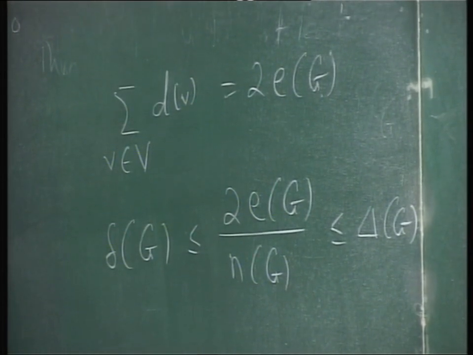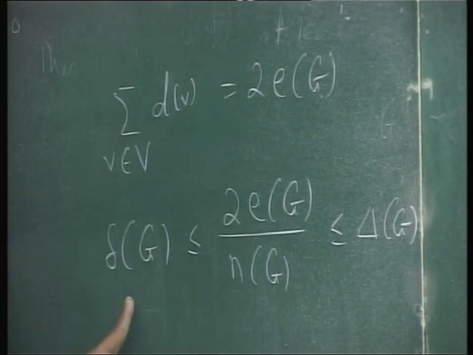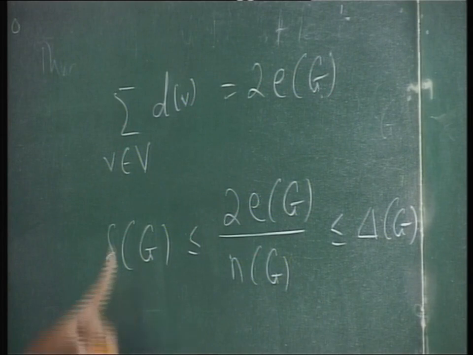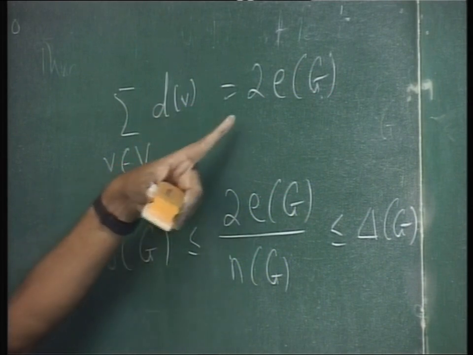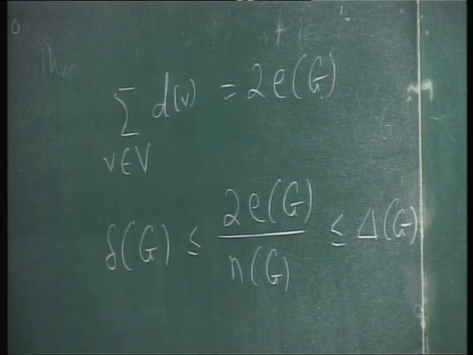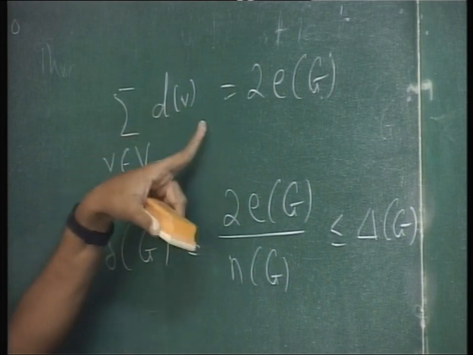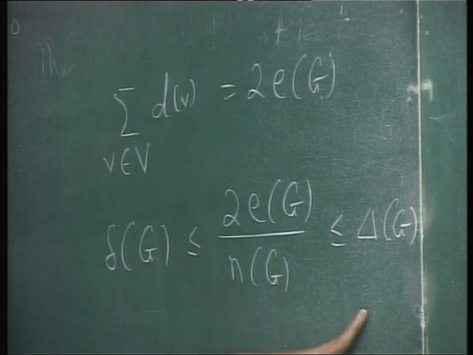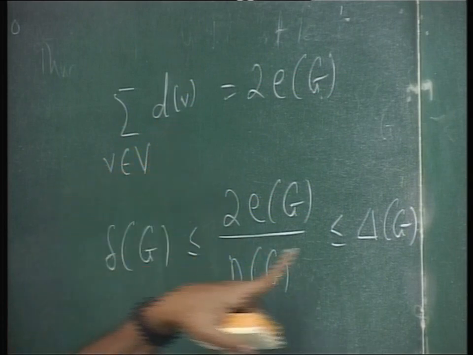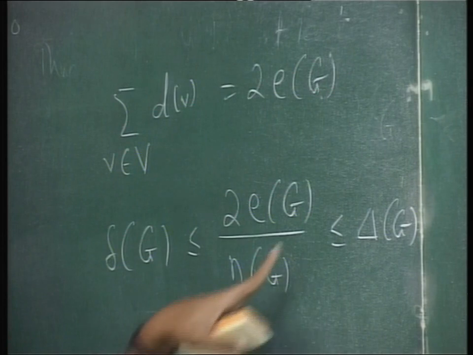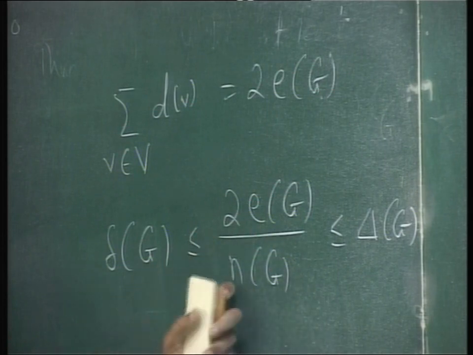This is clear. Each summand there is greater than or equal to small delta G, and the number of summands is equal to n. So n times delta of G is less than or equal to 2 times the number of edges. Whereas each summand there is less than or equal to capital delta G. Therefore, this total sum is less than or equal to capital delta G multiplied by n. Therefore, that obtains this. Okay.